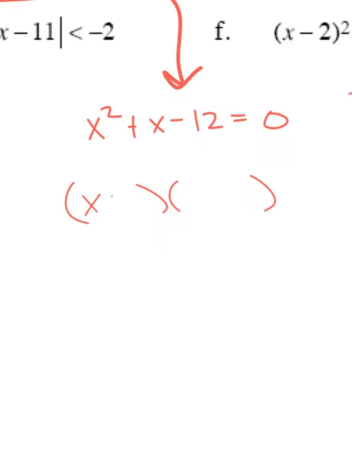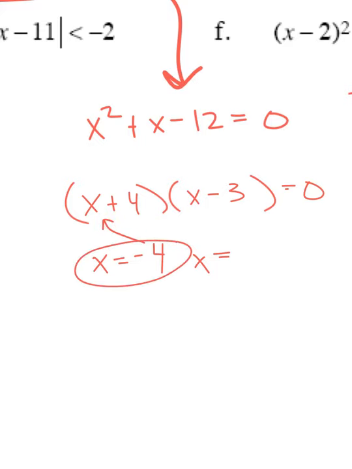So it factors into x plus 4 and x minus 3. And I get x equals solutions using the zero product property of -4, because -4 plus 4 would make 0, and of +3, because +3 minus 3 would make 0.